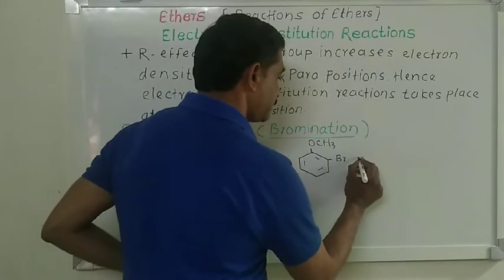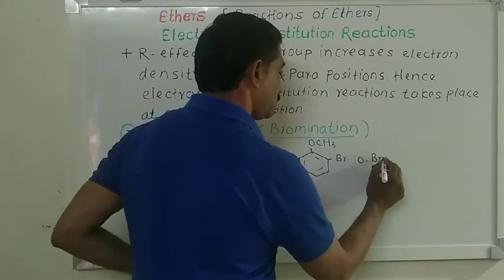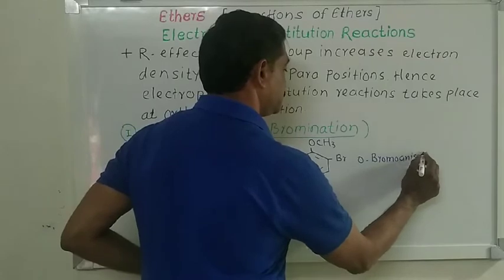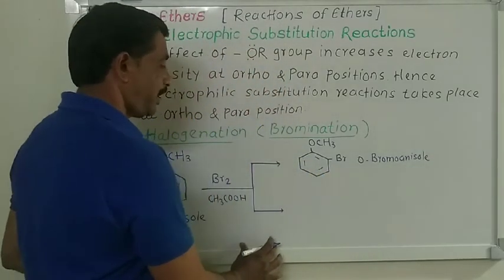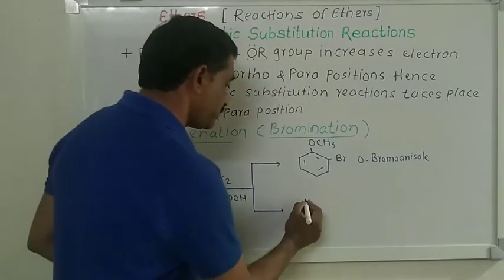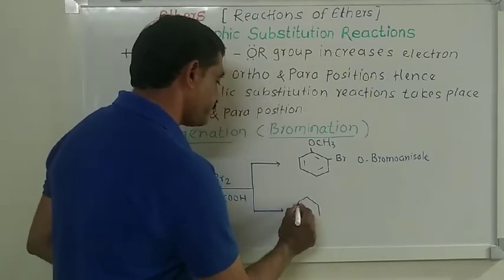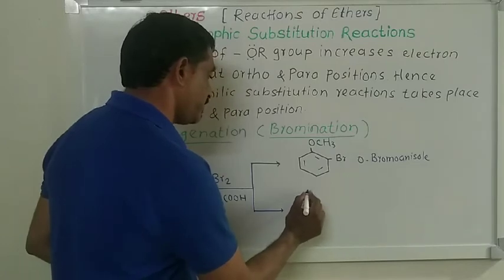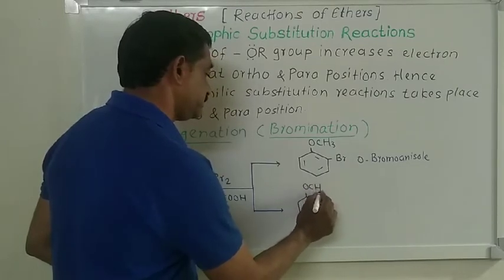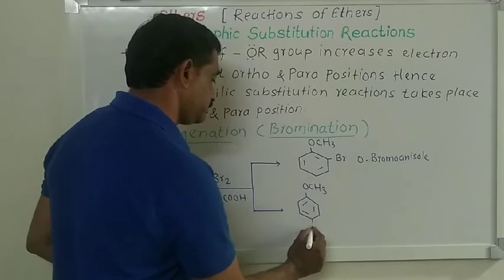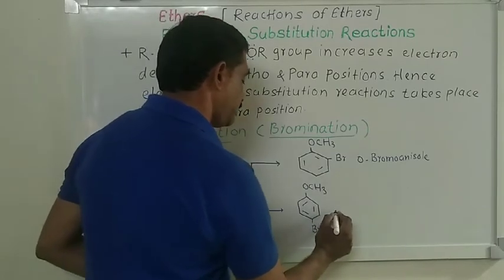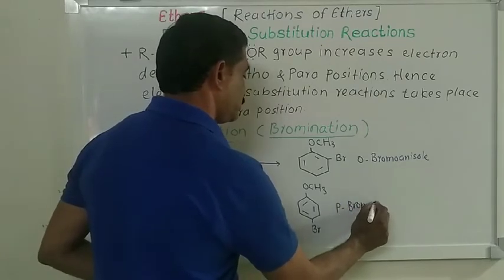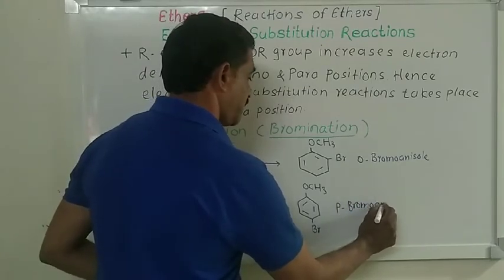So here we get ortho-bromoanisole. And when the hydrogen atom from the para position is replaced by a halogen atom, that is bromine here, then we get para-bromoanisole.